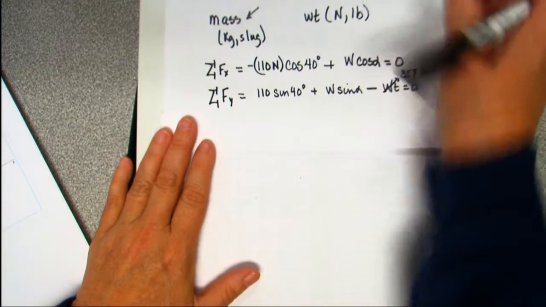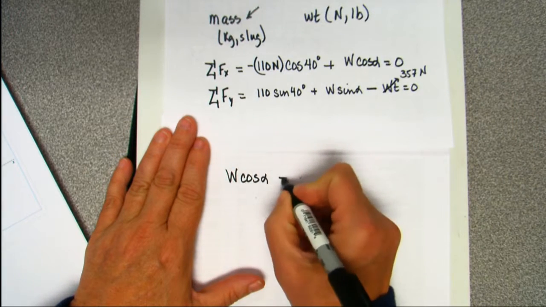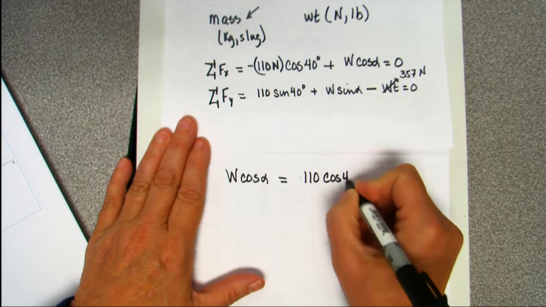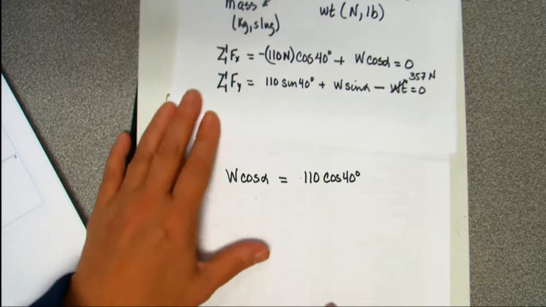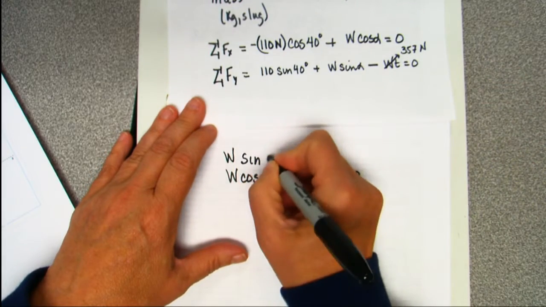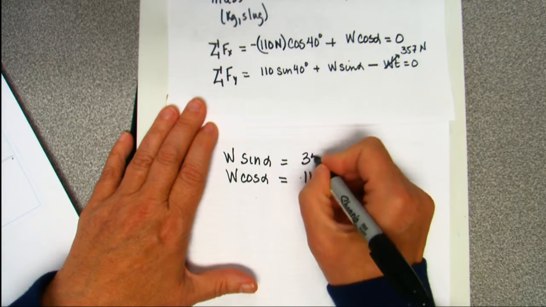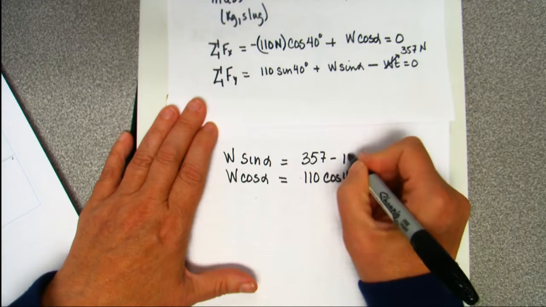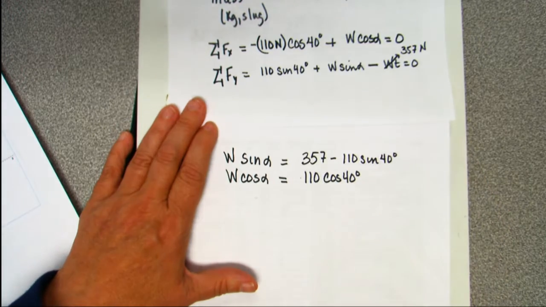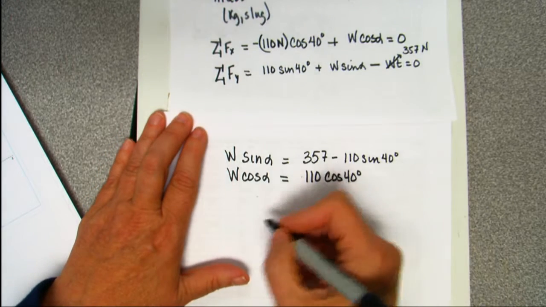So what I'm going to do is take the weight cosine alpha is equal to 110 cosine of 40 degrees. I'm going to have the weight sine alpha is equal to my 357 minus 110 sine of 40 degrees. I'm going to go ahead and solve for numbers here.